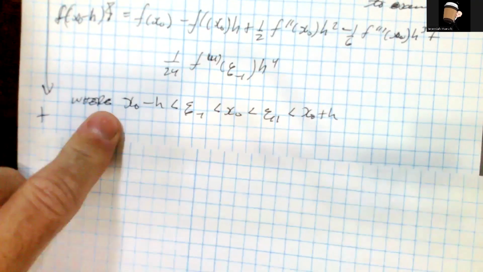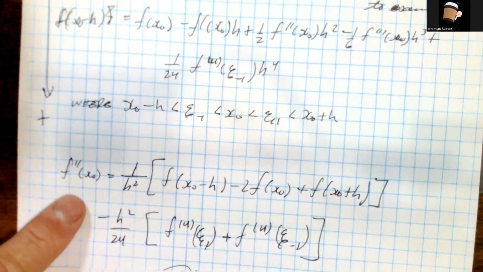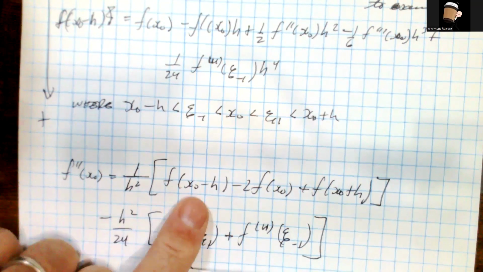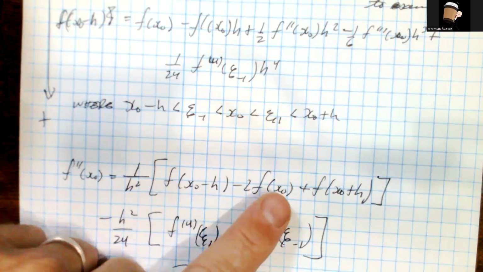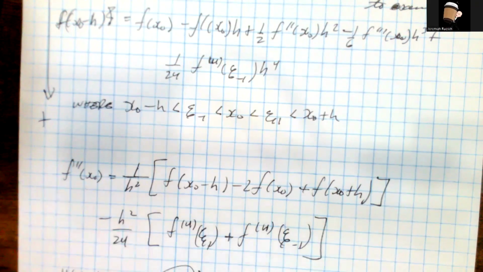So if we add these two together, then we end up with a reasonably nice approximation for the second derivative. So you get f double prime is equal to 1 over h squared, and then you get the difference, and then these weights here, and then you get an error term there.